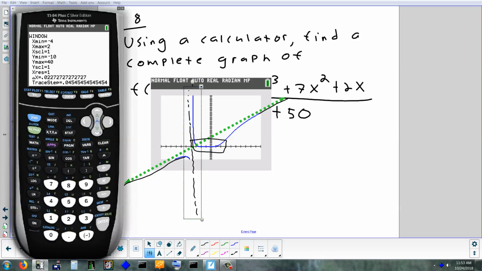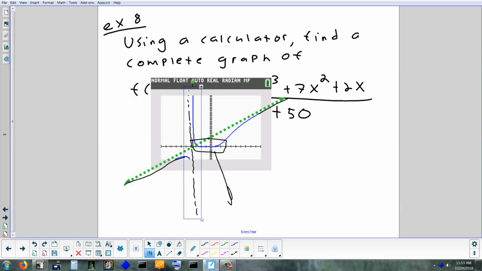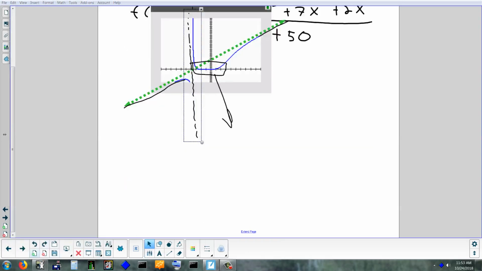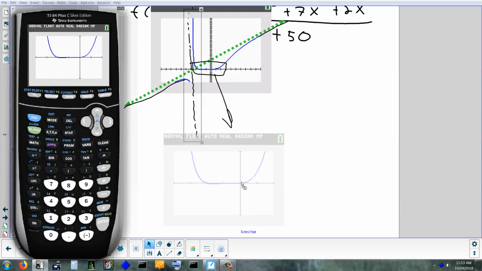Okay, so we can kind of zoom in. Right, and let's see what it looks like now.